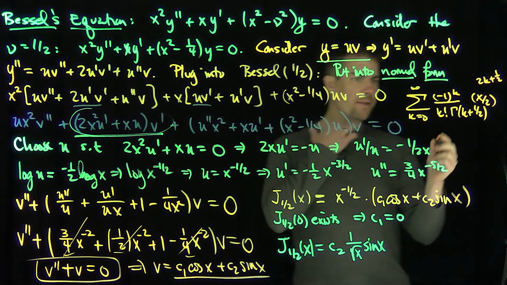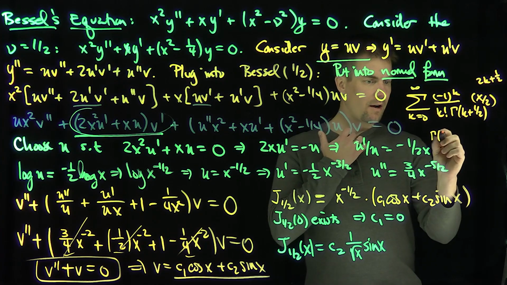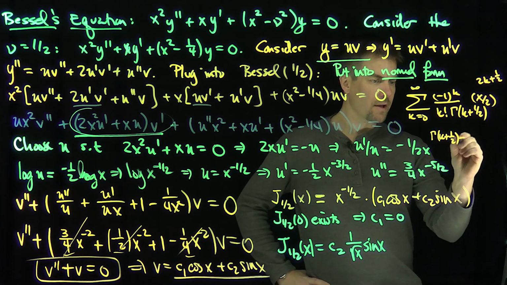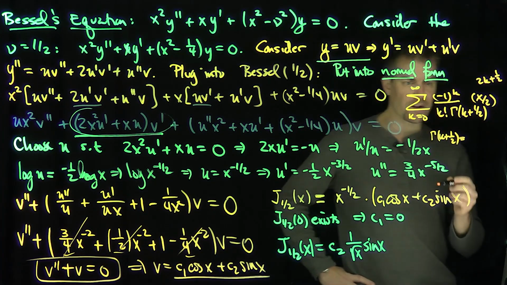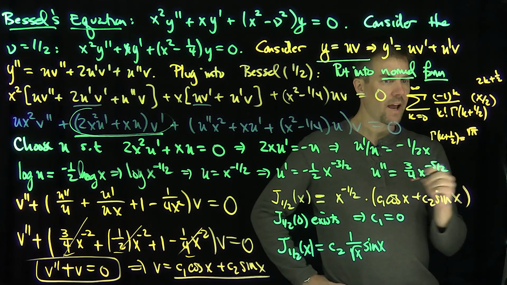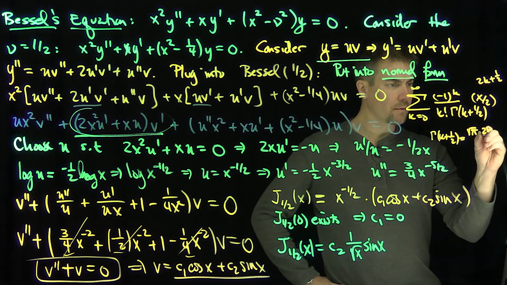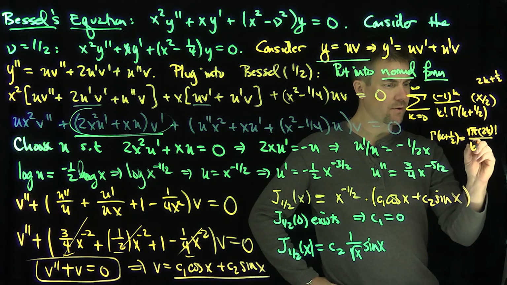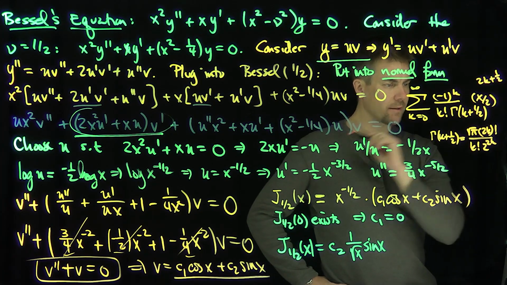Now it turns out that this thing over here, gamma of k plus 1/2, is equal to what? We saw this in the previous videos. We can actually find a formula for this. It's going to be the square root of pi, and then 2k factorial over k factorial, and then 2 to the 2k, like that.